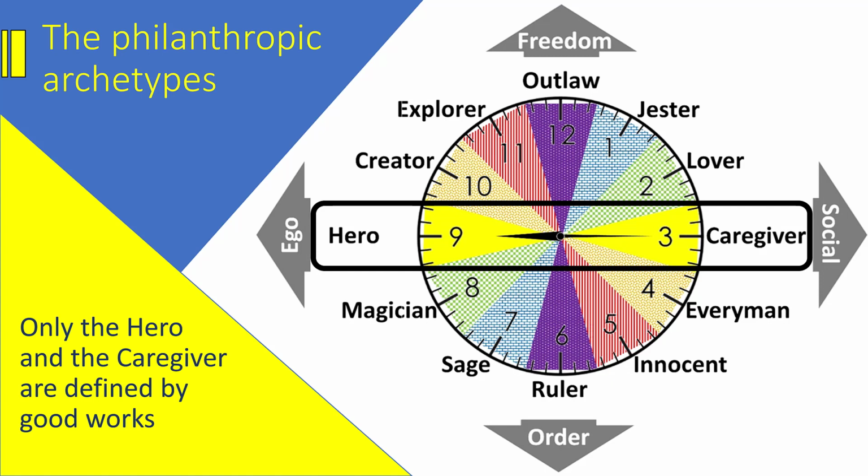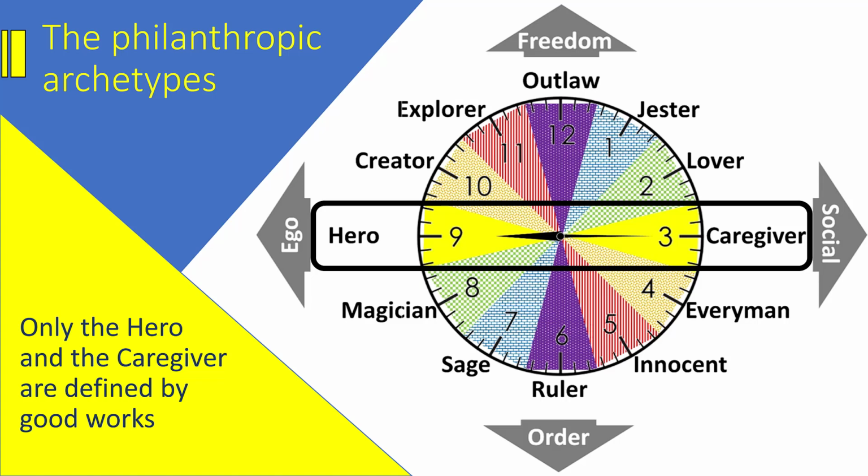The philanthropic archetypes. How do these characters fit into a donation story? Any of these characters could help someone. Any could be at least a little charitable. But only two characters are, by definition, philanthropic. Only the hero and the caregiver are defined by good works.